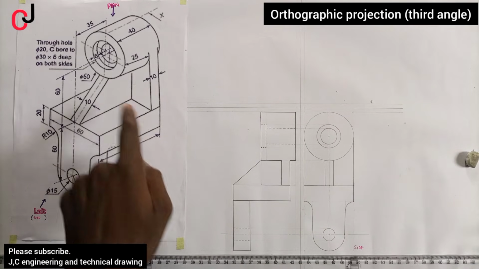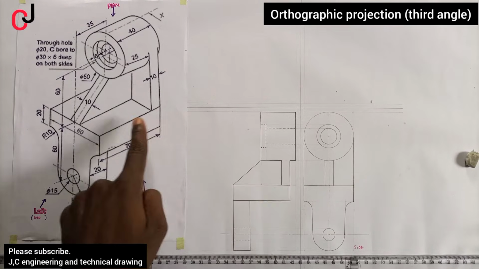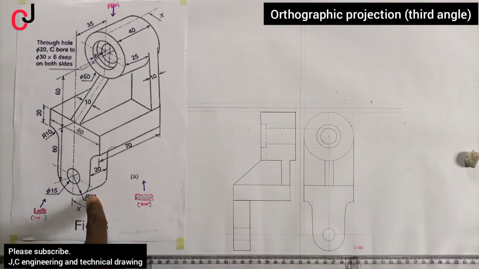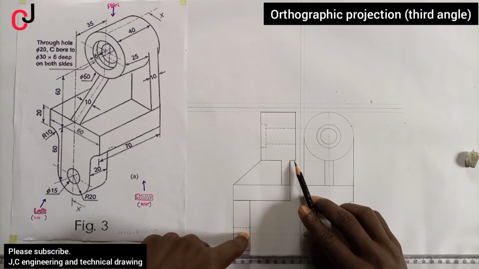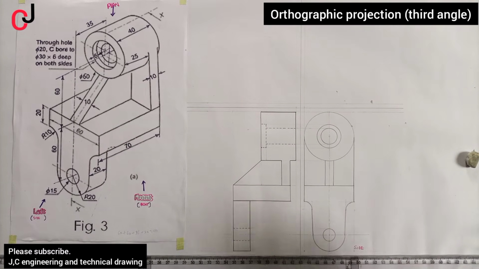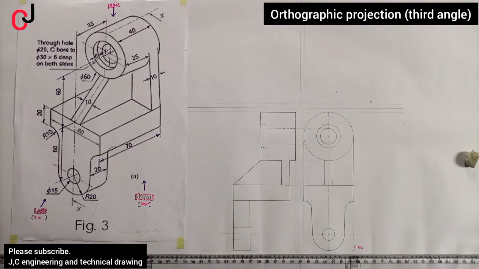This is automatically this other portion here, and then you can see this portion here. These are the hidden details. Now you can see a little portion of this side here, which is also this. Now we'll move to our plan.